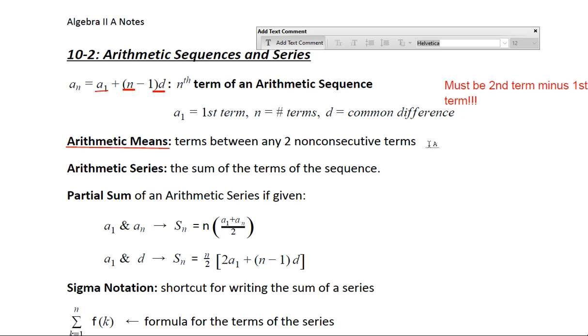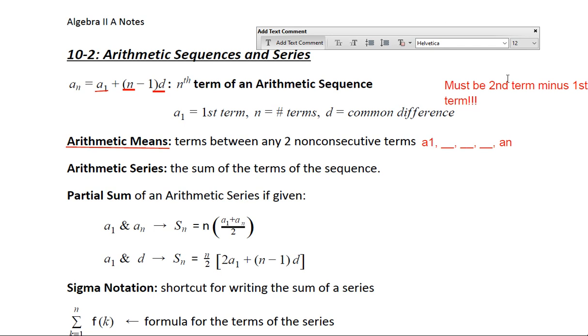Okay, we're also going to talk about the arithmetic means. And means here normally means average, a mean, but not quite in this situation. So A sub 1 is your first term. Then you have some term here, another term here, another term here, and then we have A sub n.